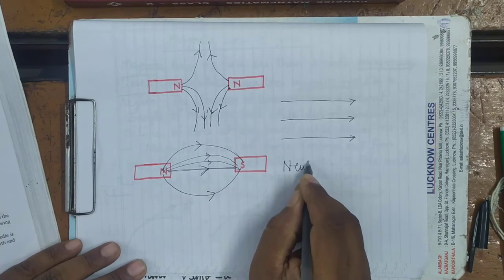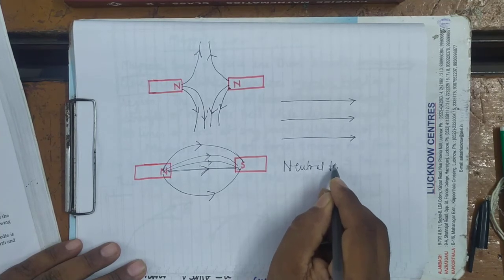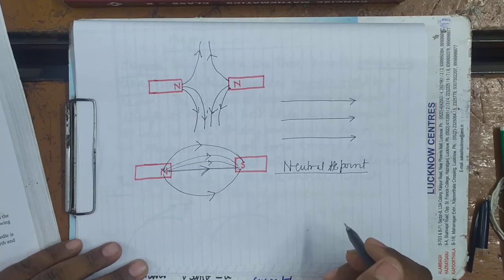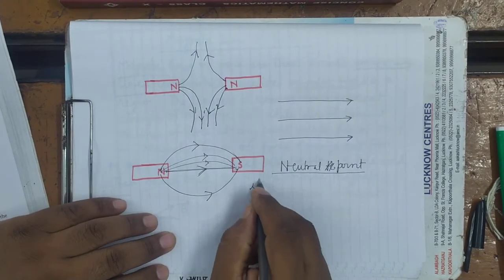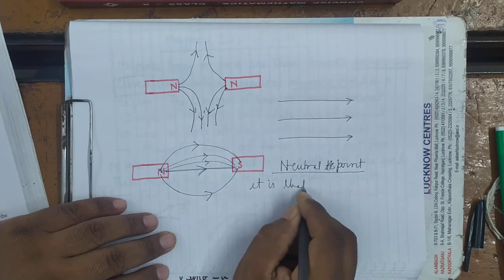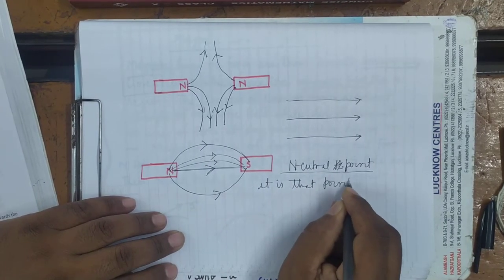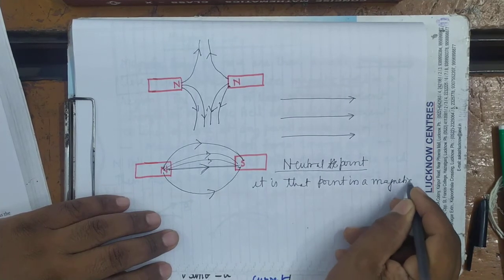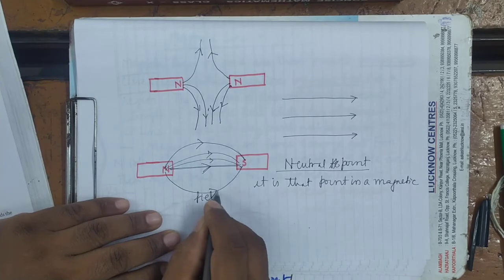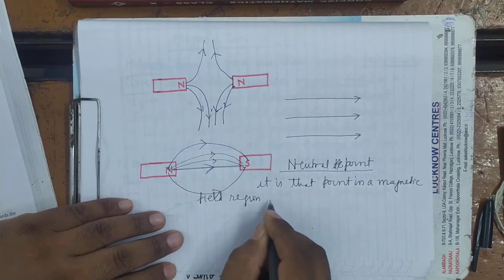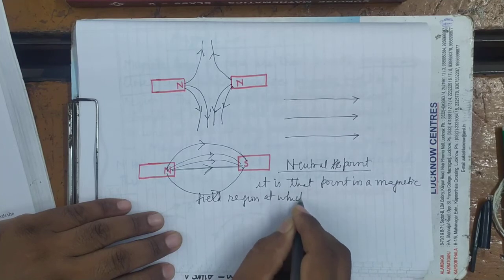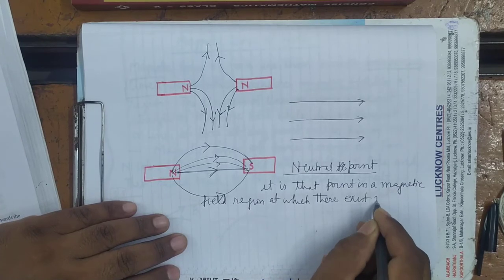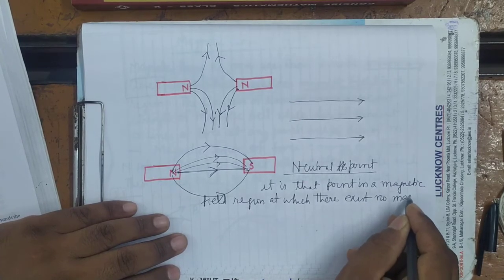Neutral point, this is a term. It is that point in a magnetic field region at which there exists no magnetic field.